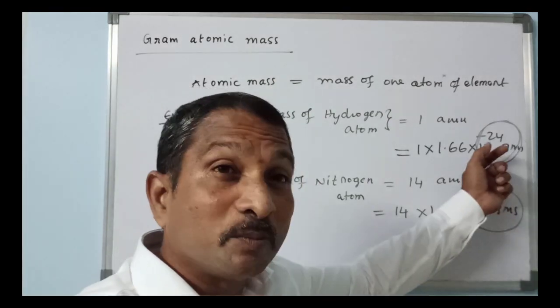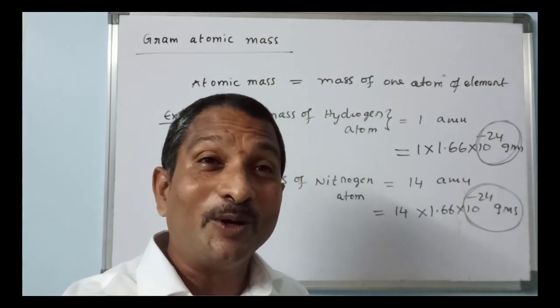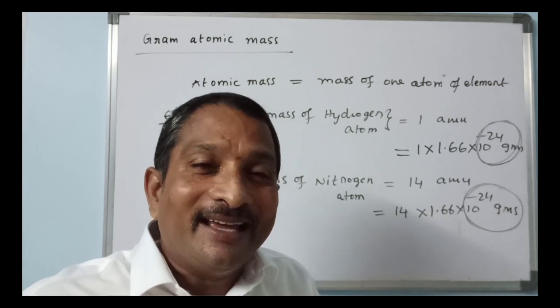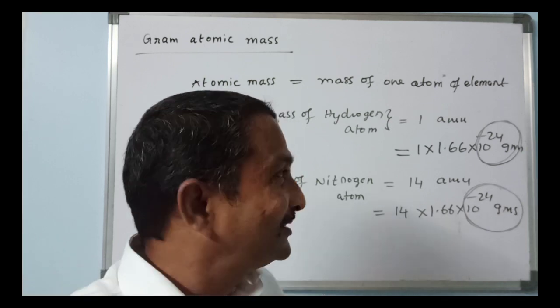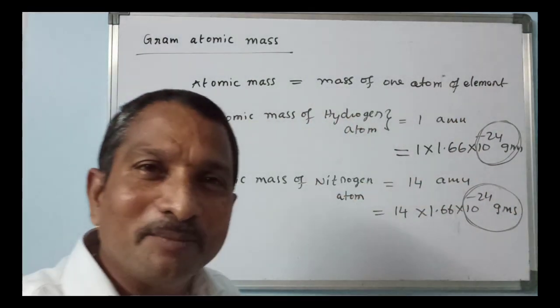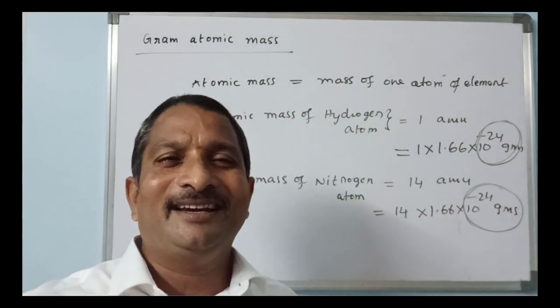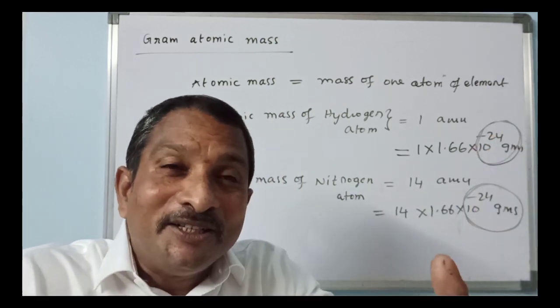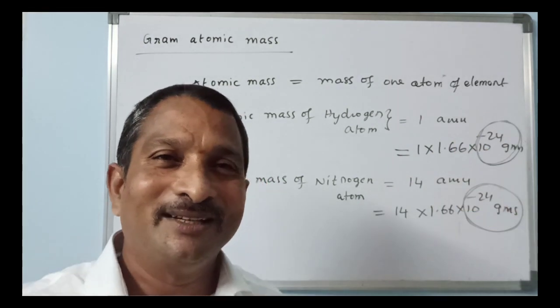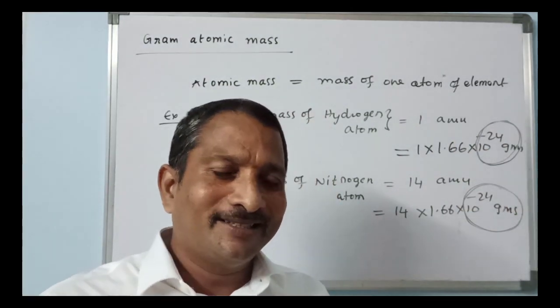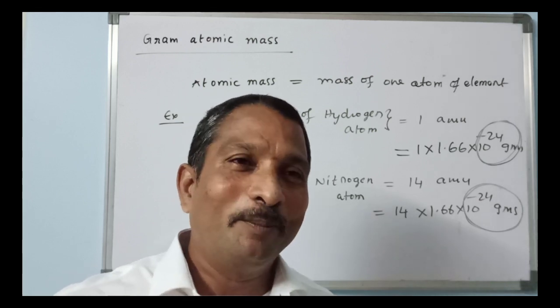It is a smaller value, so this value cannot be calculated by any experimental methods. Because of the smaller value, atomic mass of one atom cannot be accurately calculated. That's why the smaller value should be changed into some measurable value. How can we change? For example, one banana, it is not proper to buy.